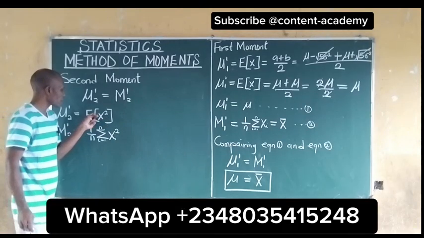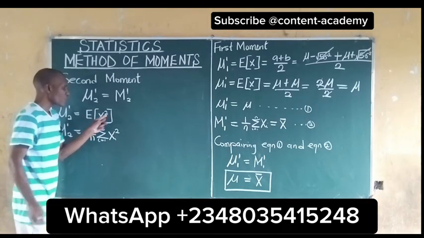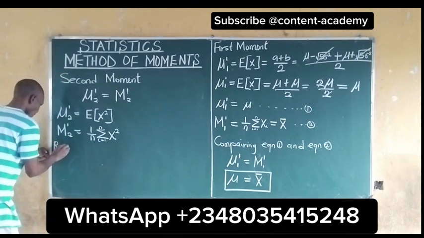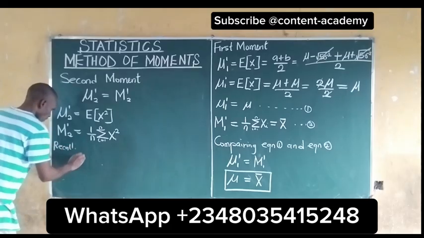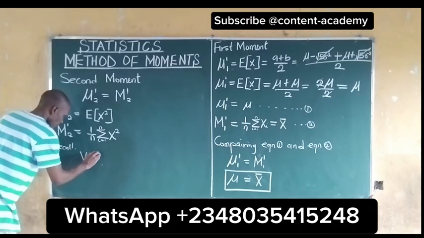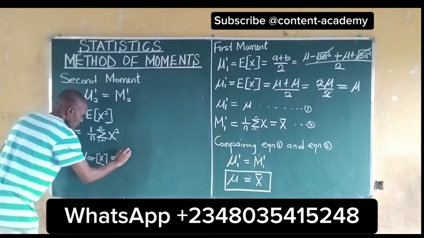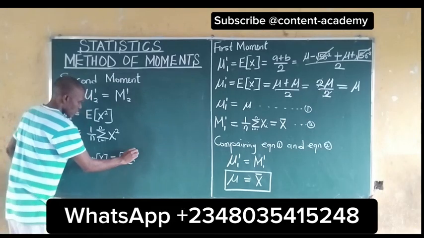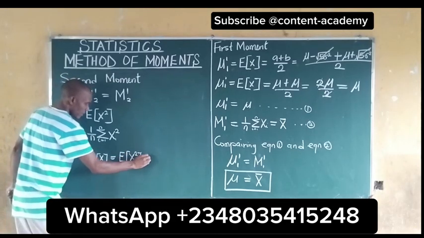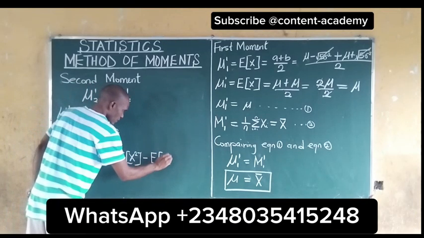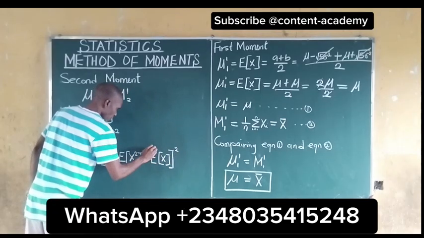Now, how do we obtain the expected value of x squared? We should now recall that the variance of x is equal to the expected value of x squared minus the expected value of x all squared.